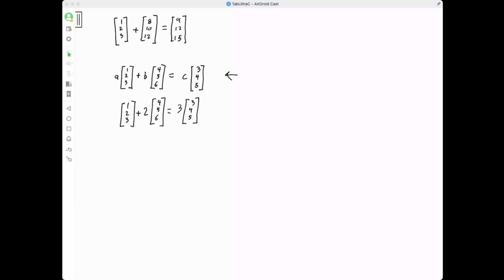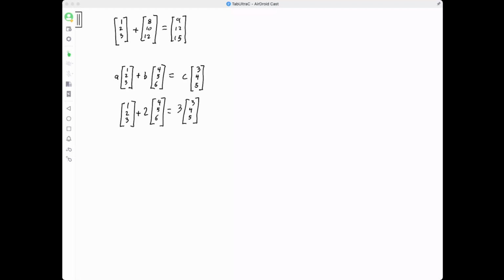With A equal 1, B equal 2, C equal 3, this turns out to be the same as our original question. So now I've found a way that I could build that vector from the first two.